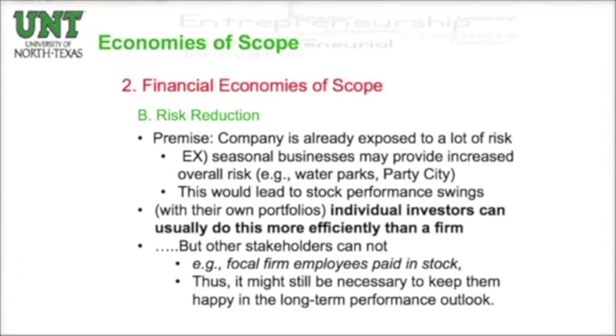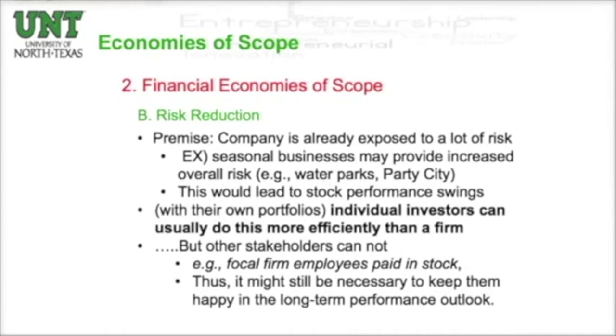Risk reduction is the next one. This one gets back to the concept of seasonality that we were talking about in an earlier class. And this says that a reason why a company is going to diversify is to spread the risk out over a year. So maybe it has one time of the year where business is doing really well.